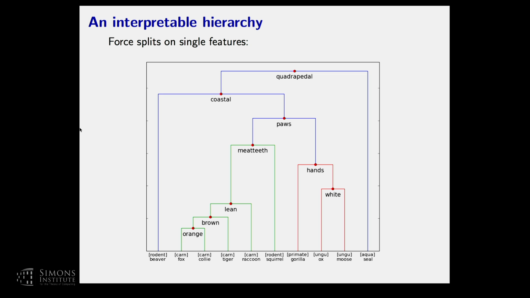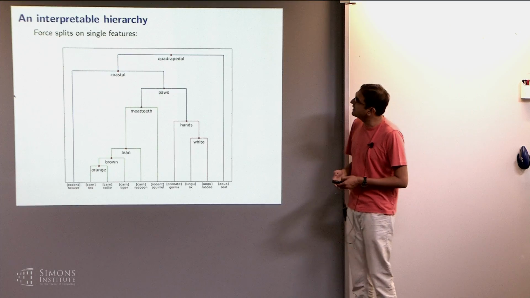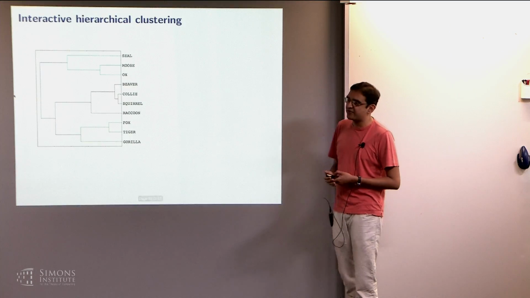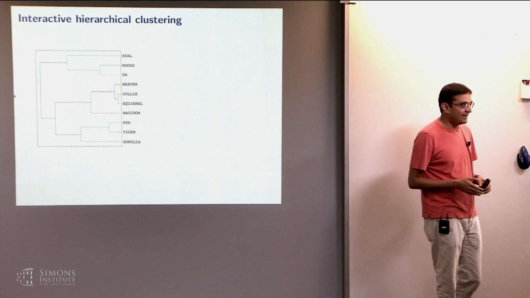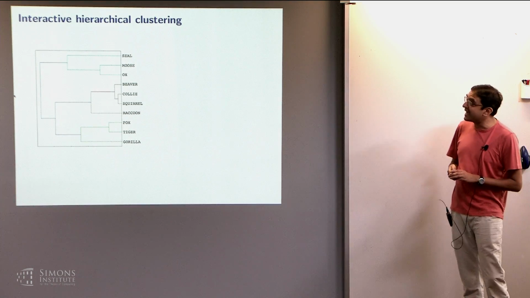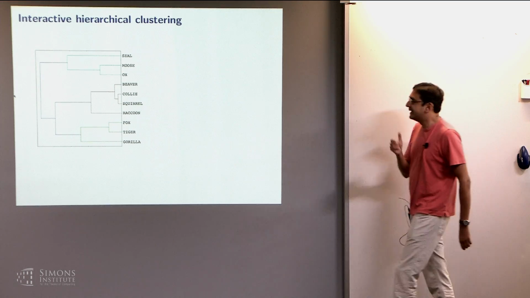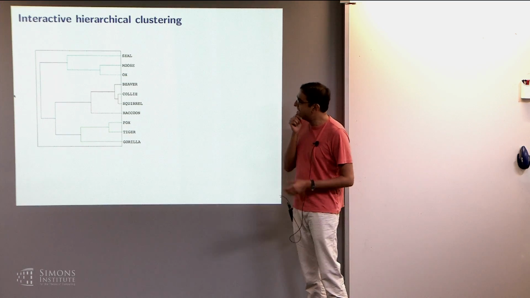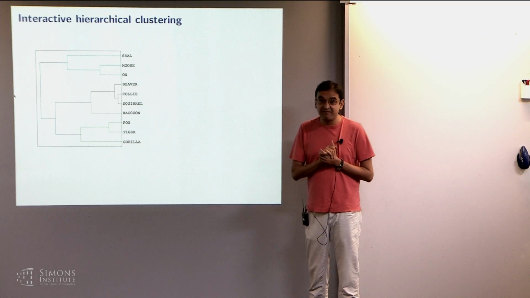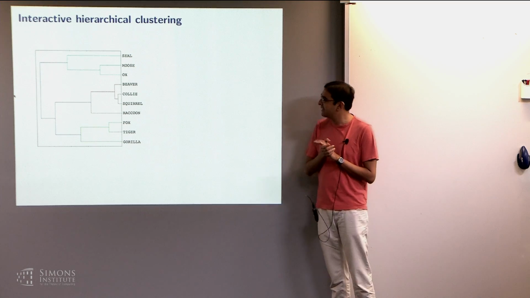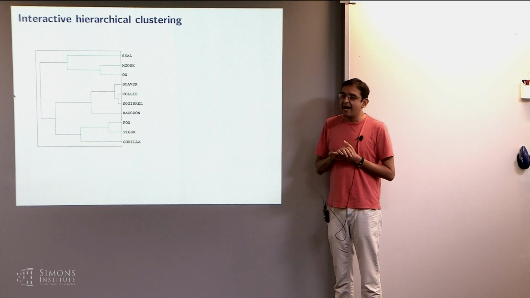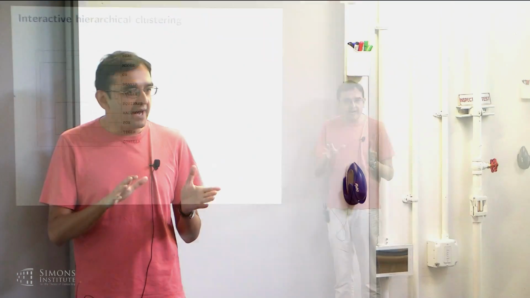Okay. The other kind of constrained hierarchical clustering that I'm very interested in is interactive hierarchical clustering. And I'll just say a couple of words about that. I really love unsupervised learning a lot, but I do feel that when done right, it gives you something that's close to what you want, but it can never really give you exactly what you want.